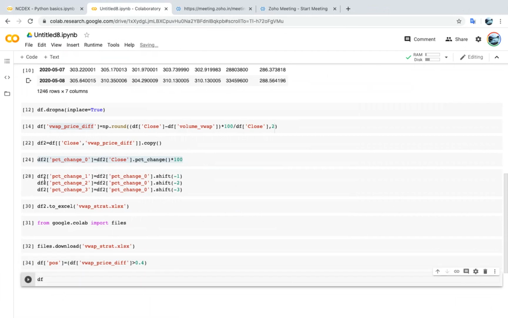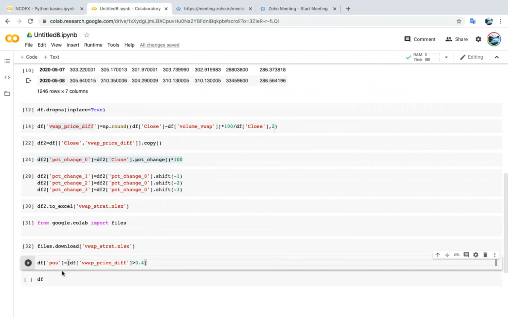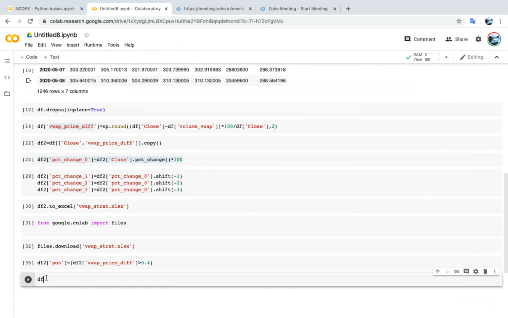Actually, we should have taken df2. Df2 was the data frame which we were using, not df now. So let us see how df2 looks like now.